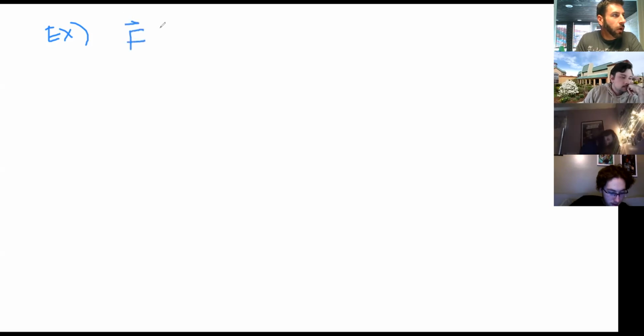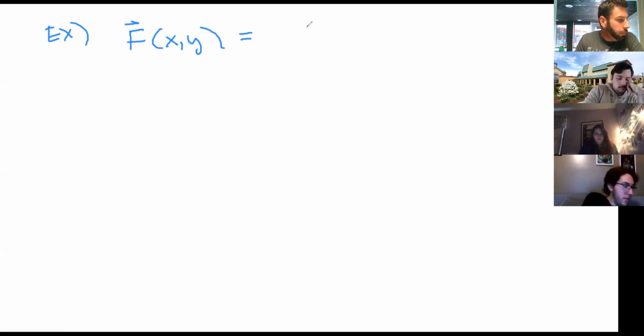So let's take the following vector field. I'm going to input two numbers. This is much more difficult to do in 3D. And what I'm going to do is output the following. So to get a feel for this, let's compute a few.